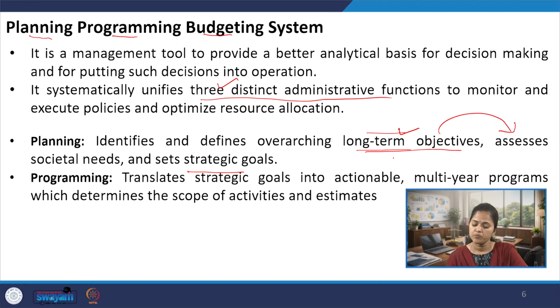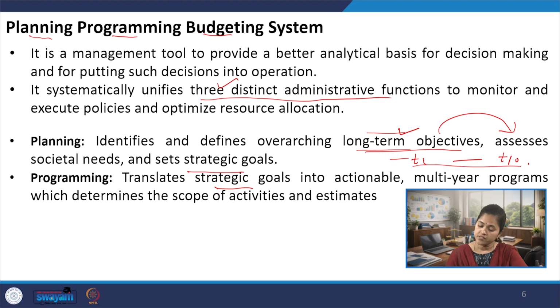The objective can span across time, let us say from year T1 to year T10. So, the programming should be in such a way that adequate strategic goals are formulated, which are actionable, and these strategies should be addressed and implemented over all these targeted years.